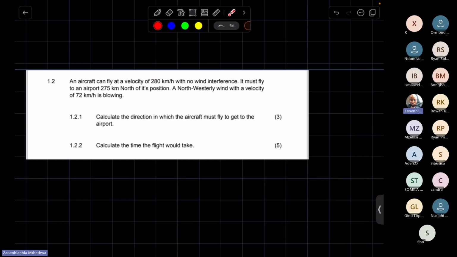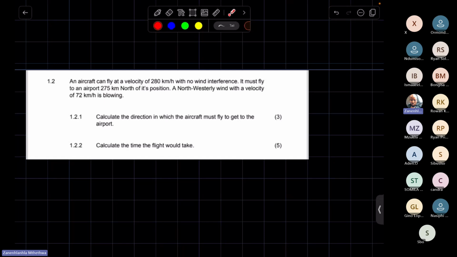It must fly to an airport 275 kilometers north of its position. So essentially, they've given us the direction of the resultant. When they say it must fly to an airport that is 275 kilometers north of its position, they're telling us the direction of the resultant.